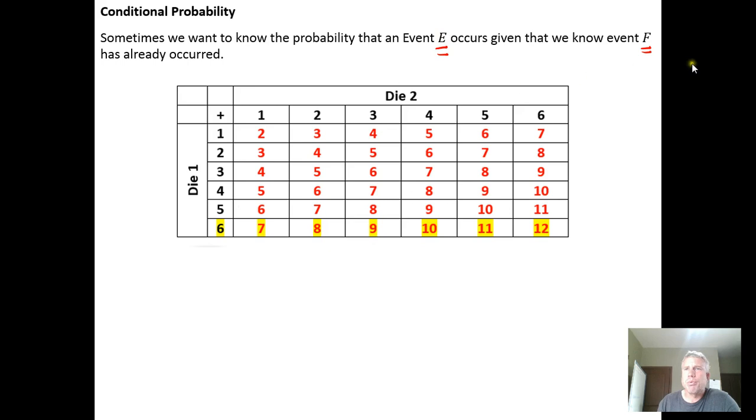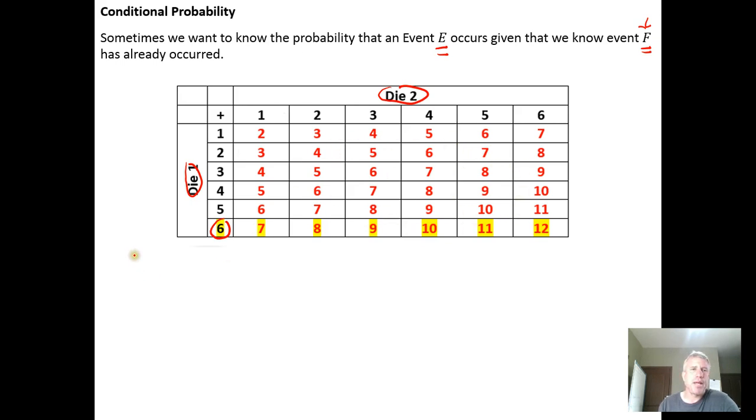So for example, an event F that may have already occurred is I've rolled the first die. And recall, this is the table that we looked at earlier where we had two dice being rolled, die 1 and die 2. And then we had 6 outcomes that could happen on each die, and then we took the sum of the two rolls, and then those sums became our sample space.